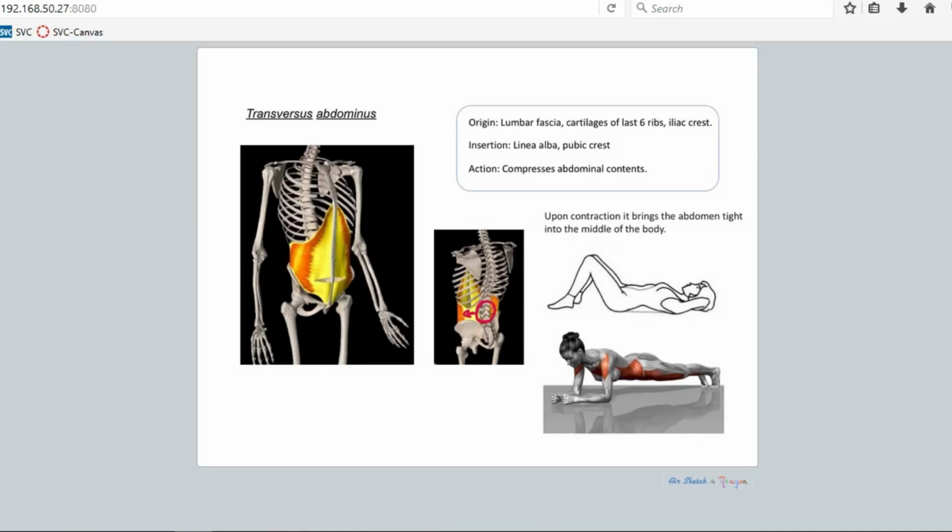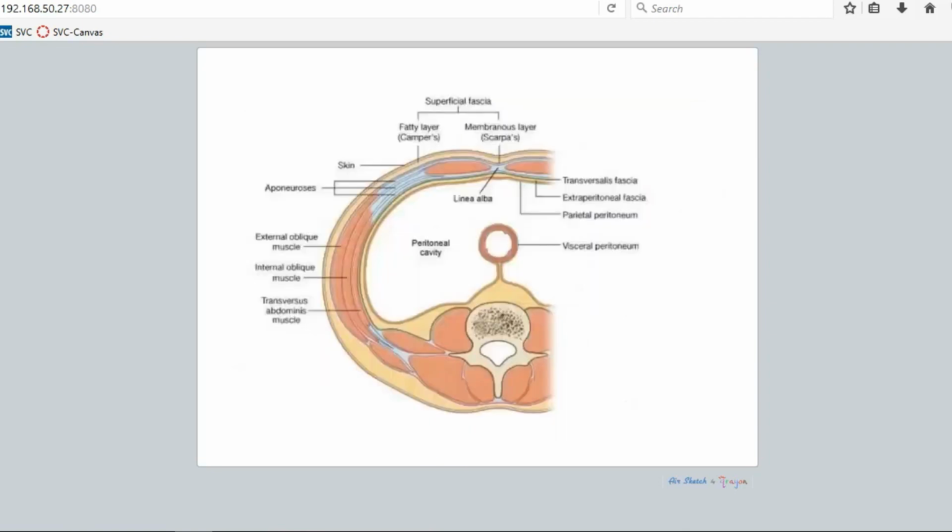If you remember, you have a cervical, then thoracic, then a lumbar curve, and the transversus abdominis pulls on that, so it supports your lumbar curve. So it's good for posture, good for back integrity, vertebral integrity.